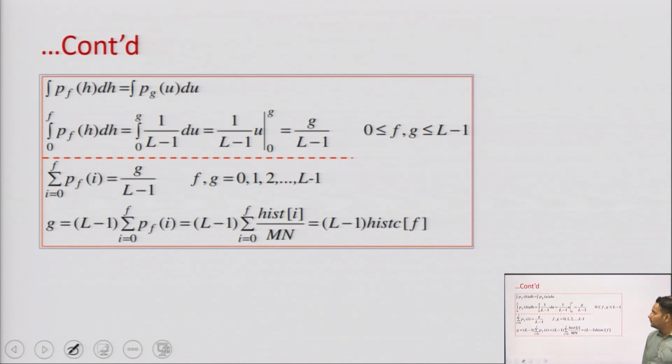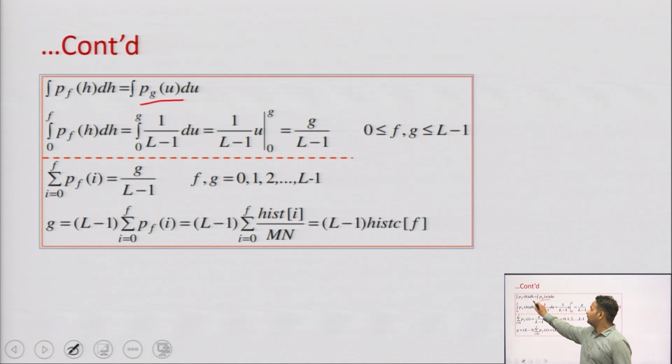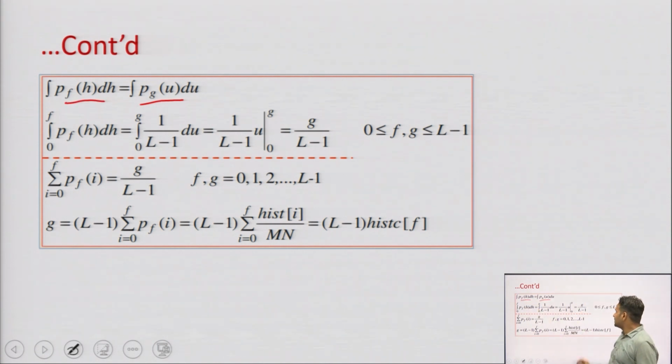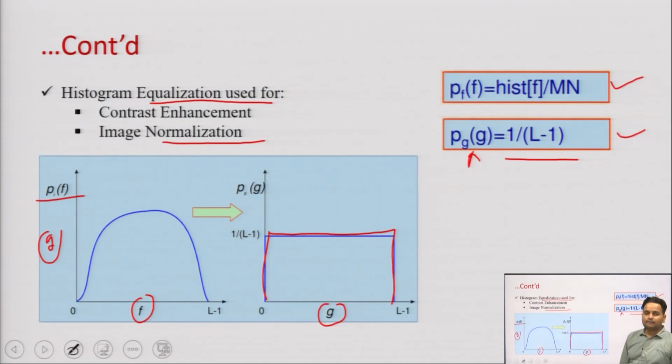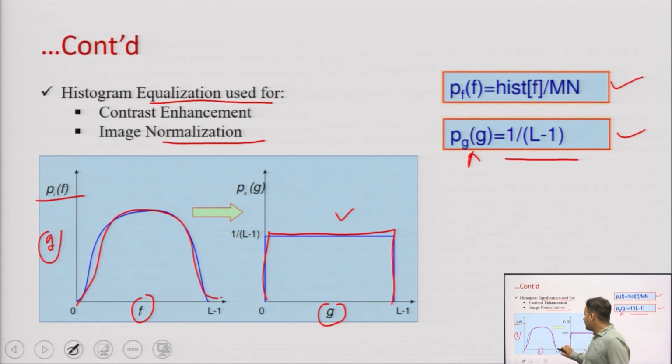Now, if we talk about the value of p_f and p_g(u), you may observe that the value comes like g upon L minus 1. That is why it is a rectangular one; it is curved in nature and it will become rectangular. Why is it so?